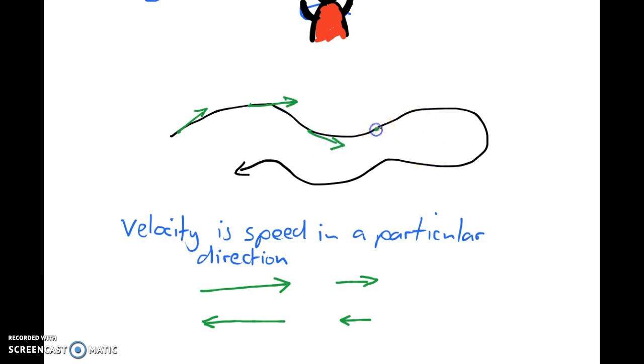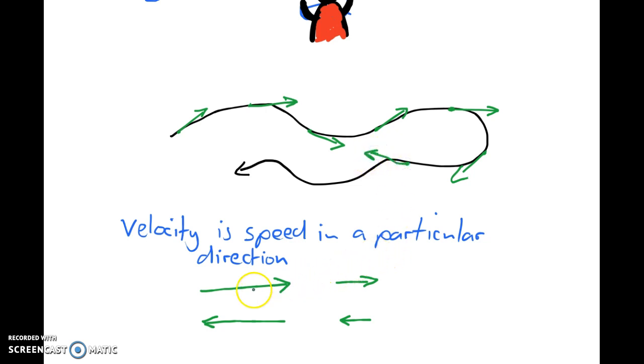The arrow doesn't change size, but the direction does. So the magnitude, the speed bit, stays the same, but the direction changes. This means that the velocity is changing. If its direction is changing, then we say the velocity is changing, even though its magnitude stays the same.